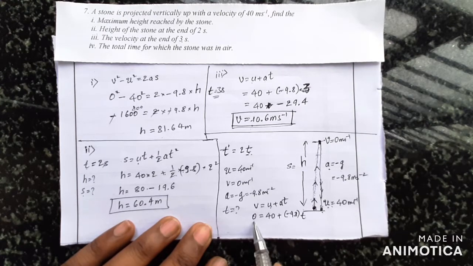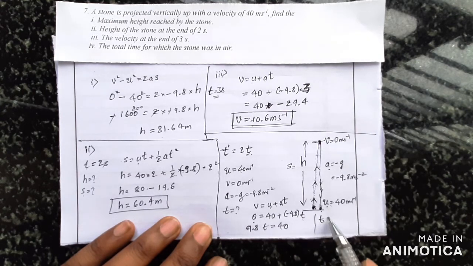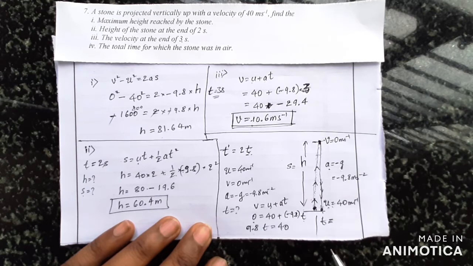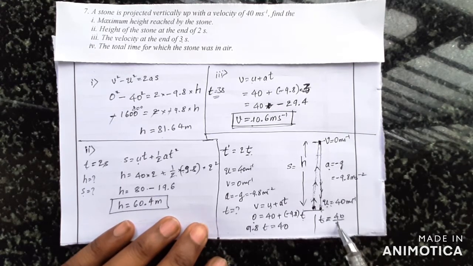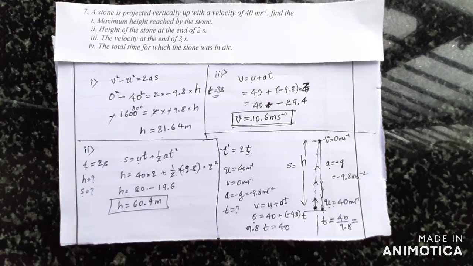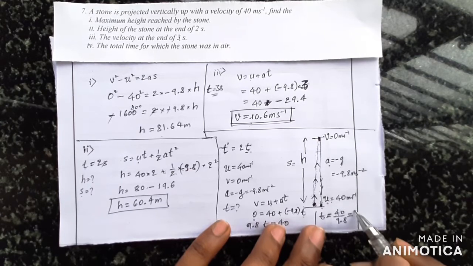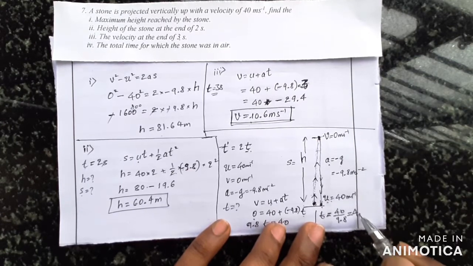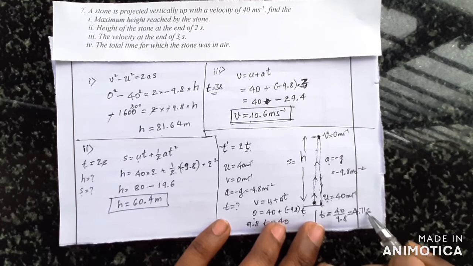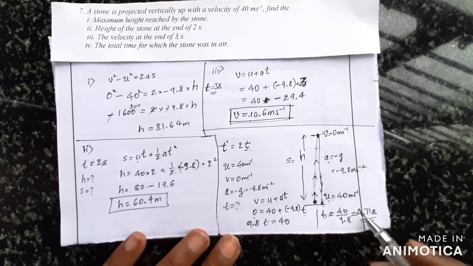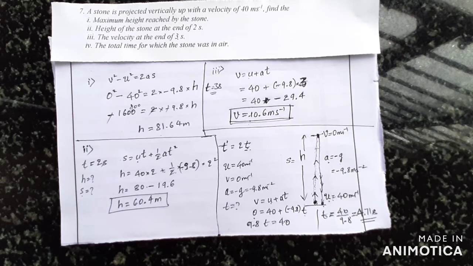So from this I can take minus 9.8 into t to the LHS, and hence it becomes plus 9.8 t is equal to 40, and hence t is equal to 40 by 9.8, which is nearly equal to 4.71 second, okay. You can make use of a calculator to get the exact value. This is fine. So that's it.